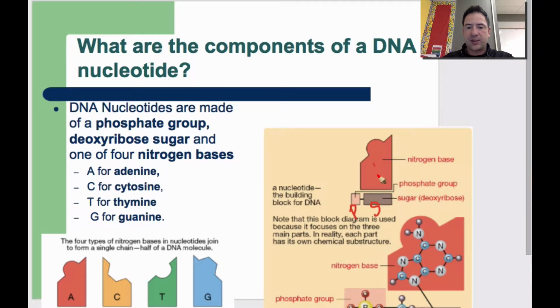Now notice that the nitrogen base actually attaches to the sugar here, okay? So see that sugar, that nitrogen base, it attaches to this sugar. And then there's a phosphate, and then there again would be a sugar, and then there would be a phosphate, and then on every sugar would be a nitrogen base. Okay, if that makes sense.